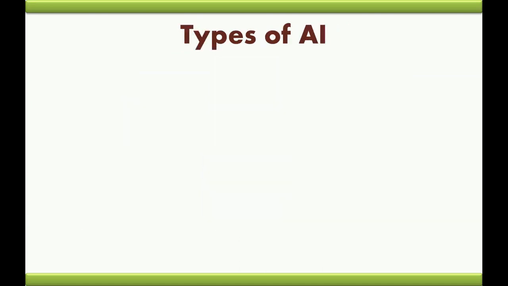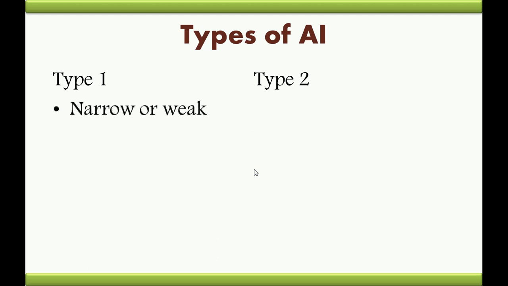Next, let's see types of AI. There are two different types, type 1 and type 2 AI. In type 1 AI, we have narrow or weak AI. This type of AI is able to perform a single particular task. It cannot perform beyond this task.